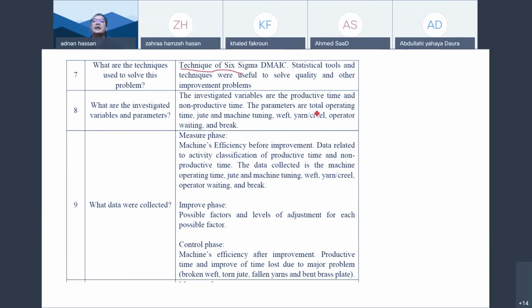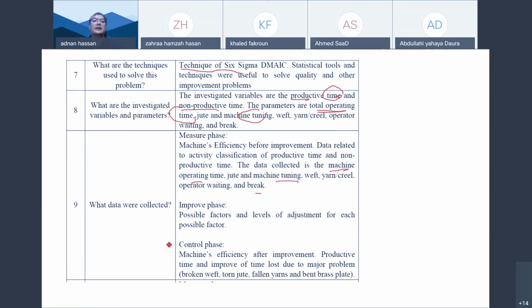Investigated variables: the variables were productive time, non-productive time, total operating time, the machine tuning, and so on. Data collected: time was collected, and so on.